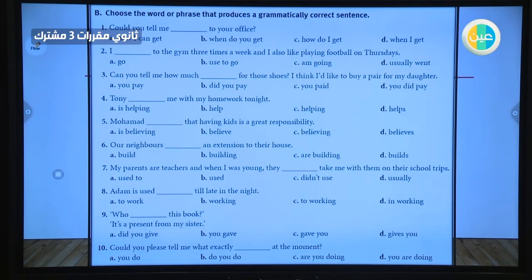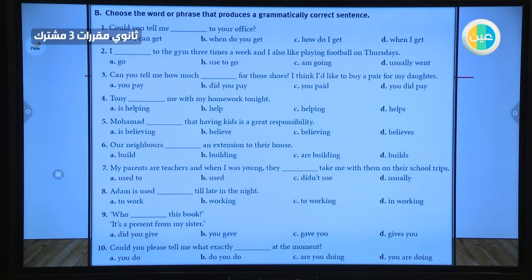Six: our neighbors an extension to their house. What? Are building, yes. Many parents are teachers, and when I was young, I'm talking about the past, a usual habit in the past. So, used to take me with them.